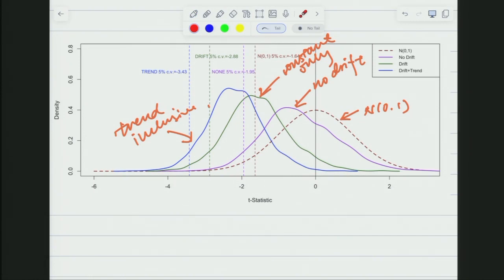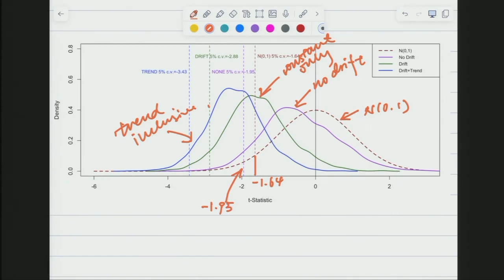And from this plot, we can see that if we have mistakenly used the standard normal as the distribution under the null when we are testing for a unit root, this will increase the probability of a type 1 error, okay? Just to compare, this is the standard normal critical value when testing against a negative alternative, minus 1.64, whereas for the no constant test, the critical value at 5% is minus 1.95.